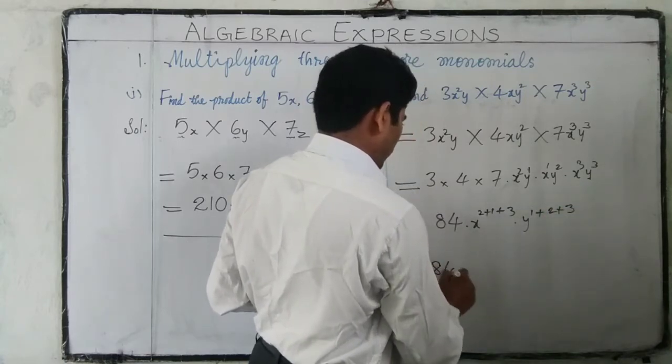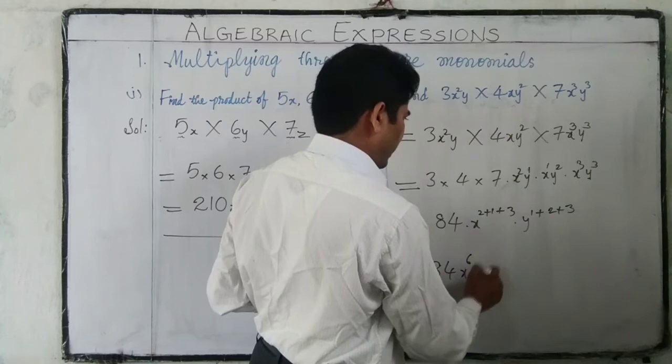So 84 x to the power of 6 y to the power of 6.